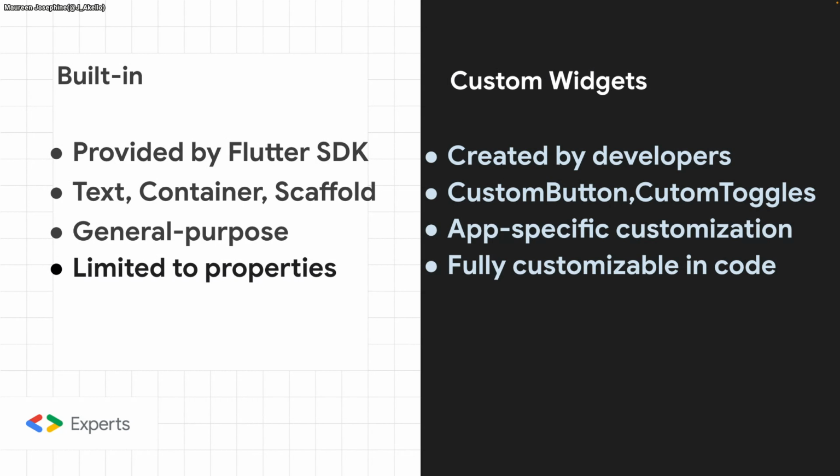When you want to create your own custom widgets, especially if you're working within a company setup, it's important to create custom widgets that match your own company design guidelines. These are what we create as developers, and examples could be a custom button, a custom toggle, or app-specific customization. This can be web based or app based and is fully customizable in code.